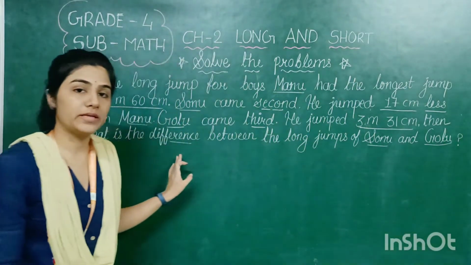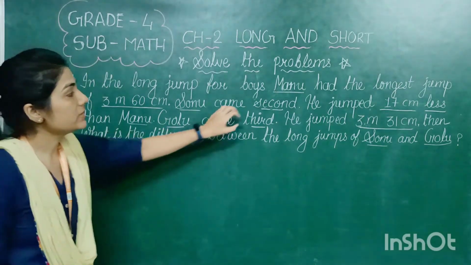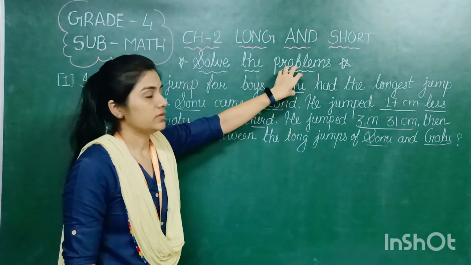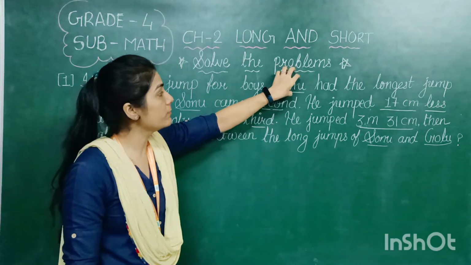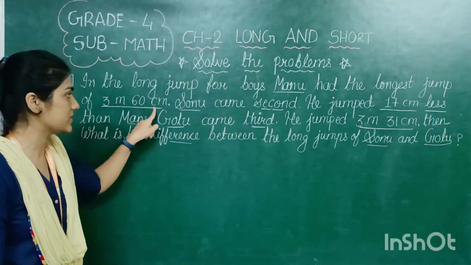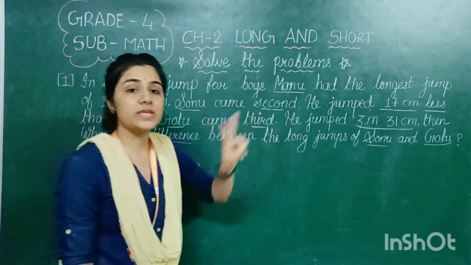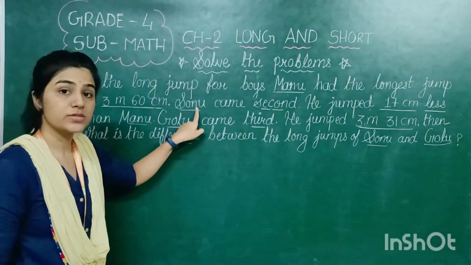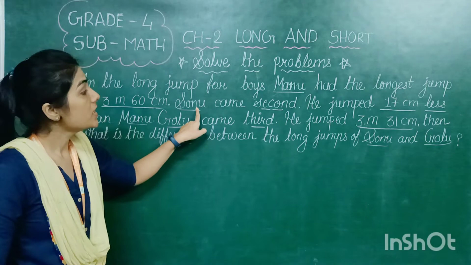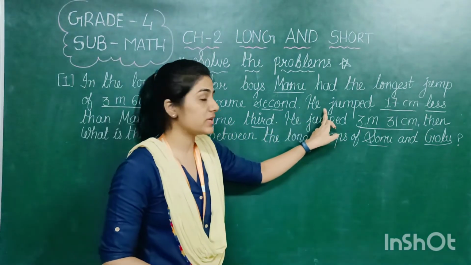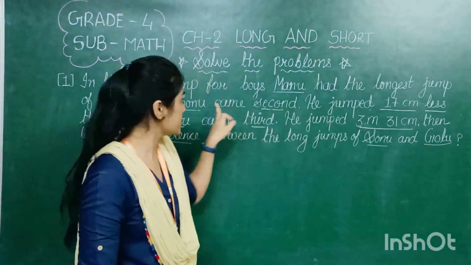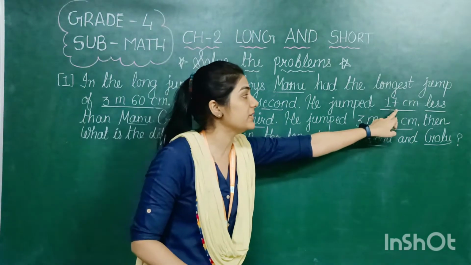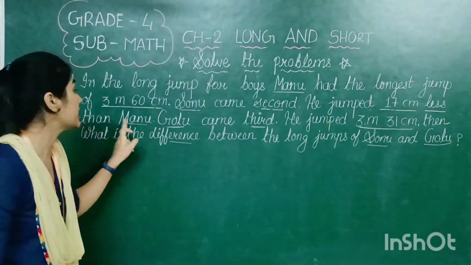This is a little bit different sum. See what is given. The length of the long jump of Manu is given, that is 3 meter 60 centimeter. Sonu came second, but we don't know the exact length of the jump of Sonu, so we need to find that first. And one statement is given that Sonu jumped 17 centimeter less than Manu.